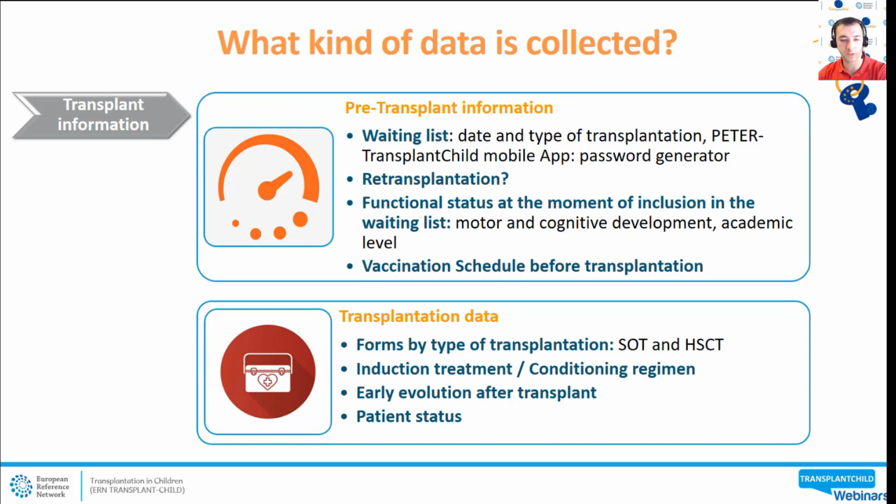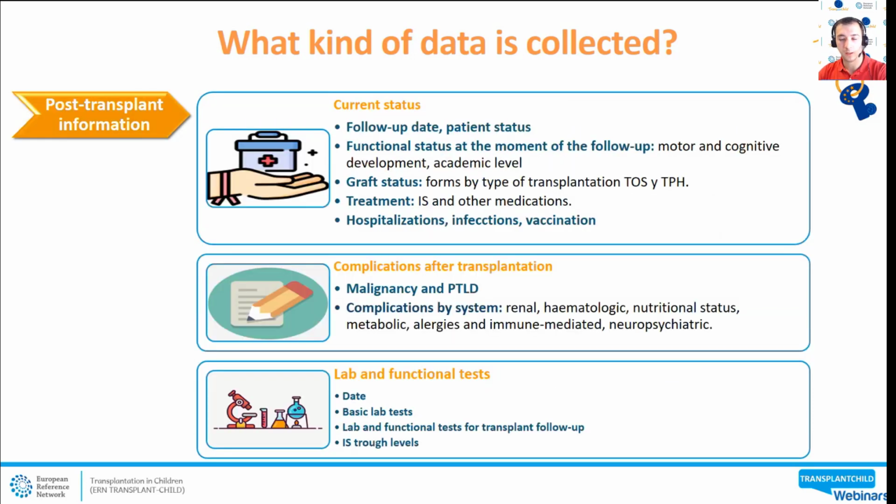And for the follow-up sessions, there are actually 3 questionnaires regarding the post-transplant information. So information about the current status is asked. Also, any complications after transplantation that may have arisen. And finally, lab and functional test information.